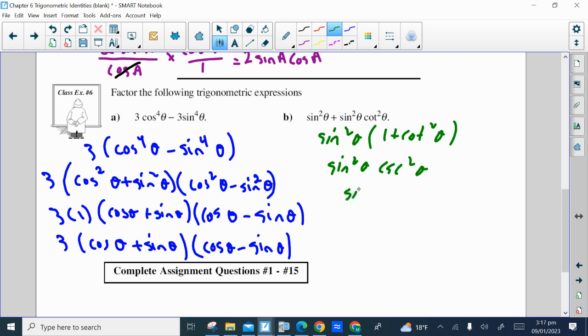And cosecant is 1 over sine. And the sine squared thetas cancel, and you're left with 1.